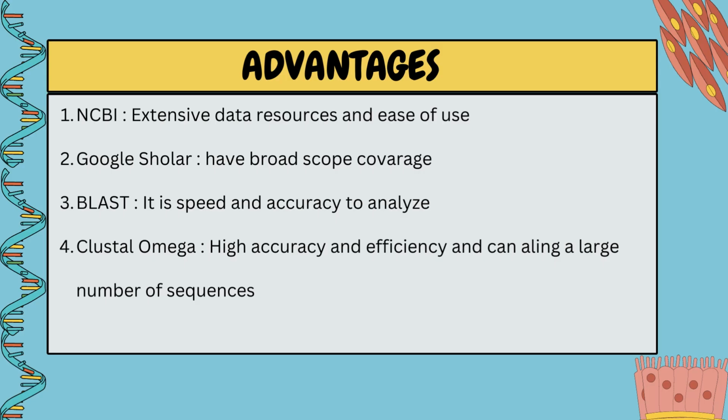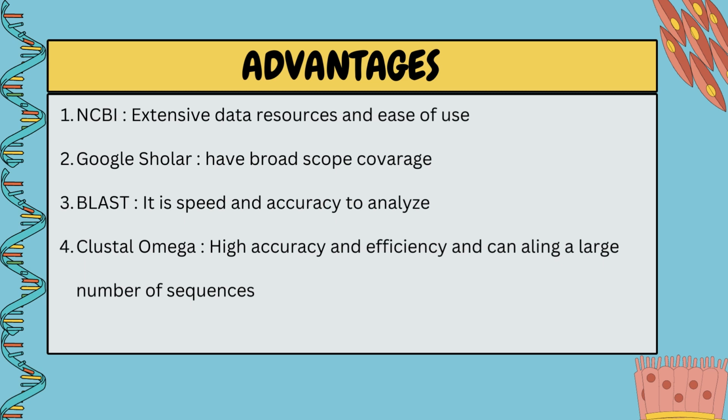There are 4 bioinformatic tools in this research. The first one is NCBI, the National Center for Biotechnology Information. It is a comprehensive database of biomedical and biotechnology information that includes a wealth of data related to biological sequences, genetic maps, and literature references.